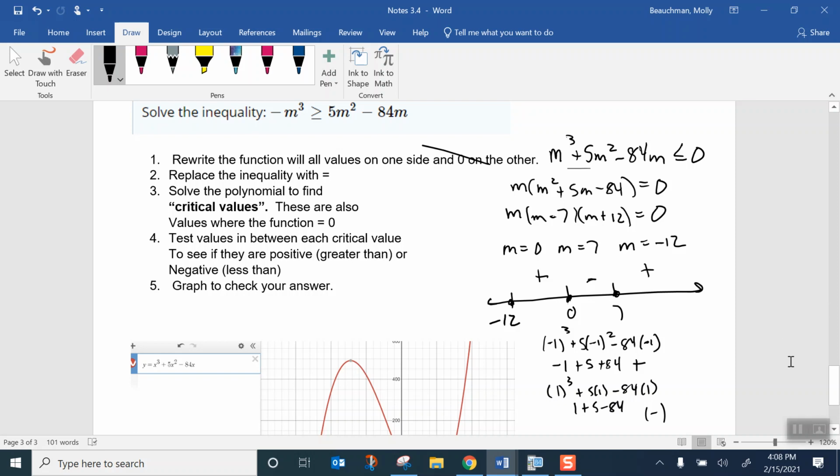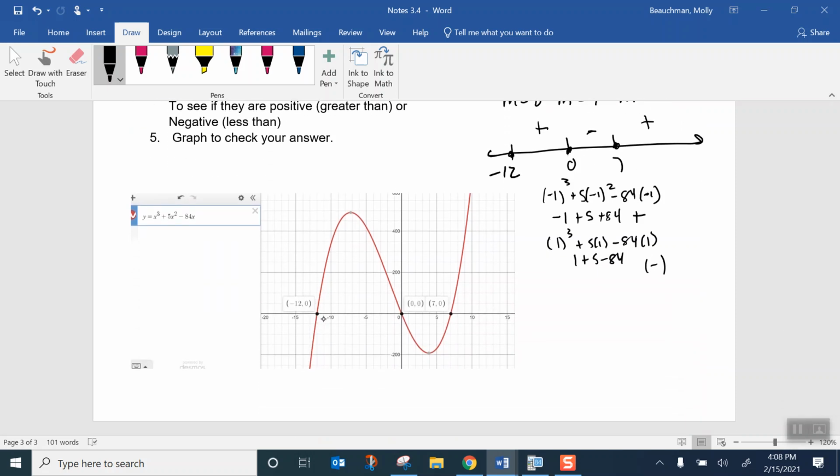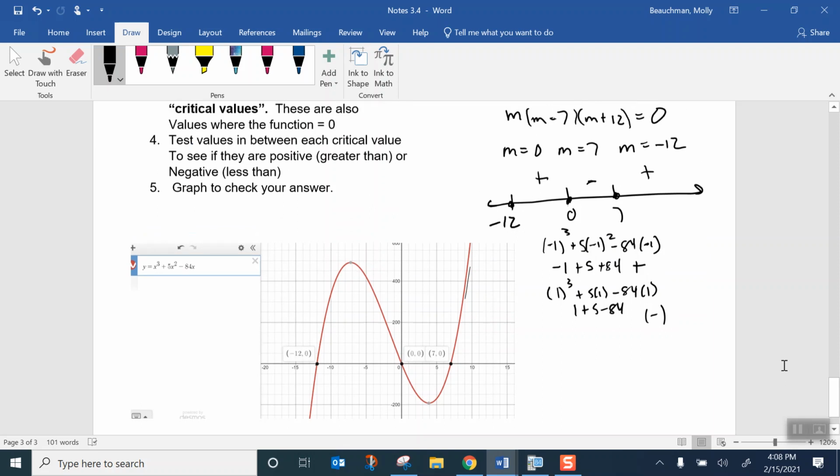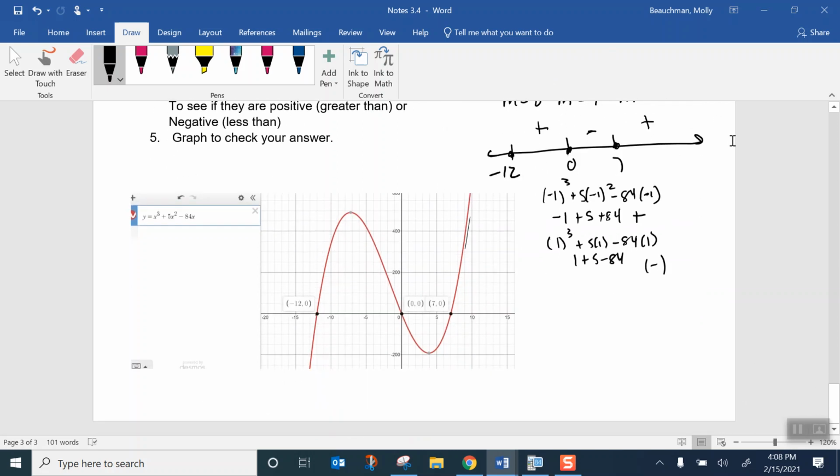So what does this mean? If you graph the function, notice our zeros are at negative 12, 0, and 7. Our function is increasing and above the x-axis, then it's below the x-axis, then it's above. So on the inequality, if you're trying to solve m to the third plus 5m squared minus 84m less than or equal to 0, it's all the places where your function is below the x-axis, or where you end up with a negative with a test point.